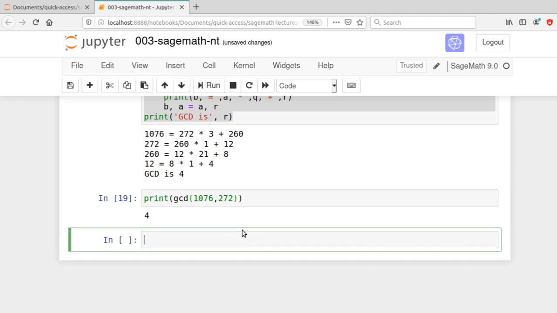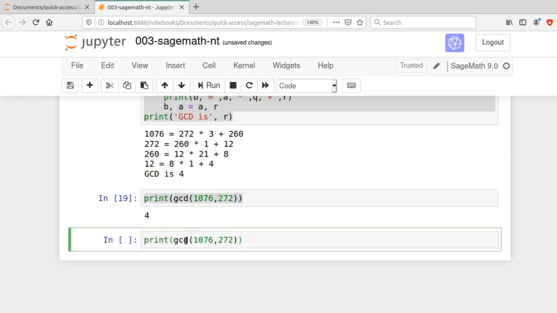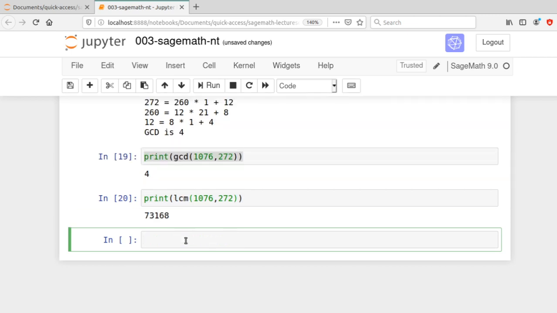So we have a quicker way of finding GCD. There is no need to perform computations using the Euclidean algorithm. Already the GCD is there. Now you can immediately say what the command is that we have to use for finding LCM. So it is just LCM. That is 73168. It's a big number.